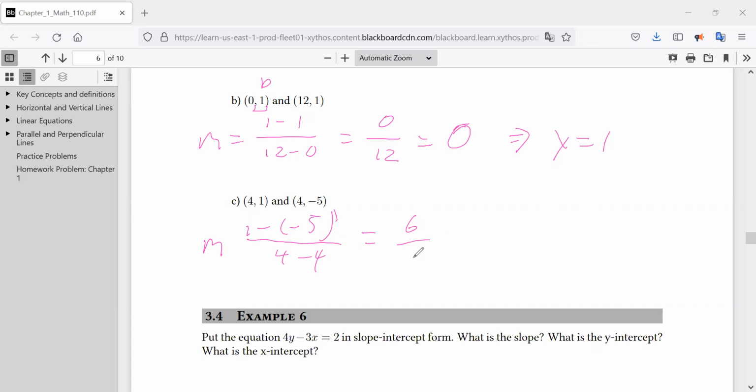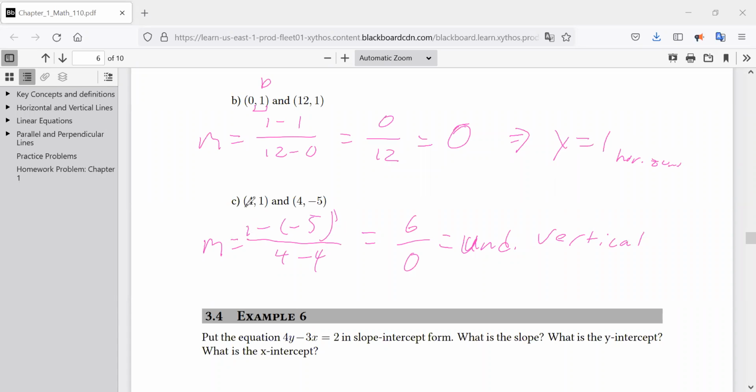So it's going to be equal to 6 divided by 0, and that is going to be undefined, right? So if it's undefined, what does that tell me? It's vertical. Yes, exactly. So this one right here was horizontal. This one right here is vertical.